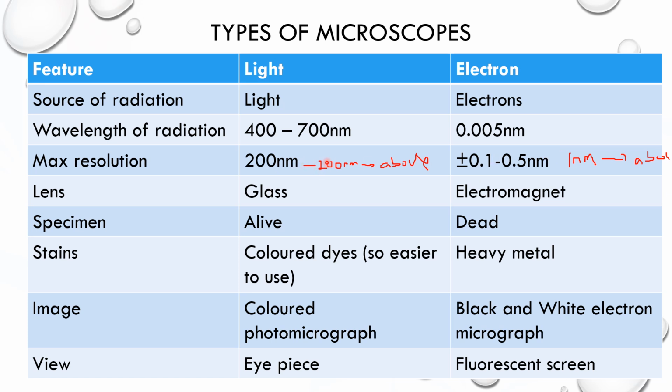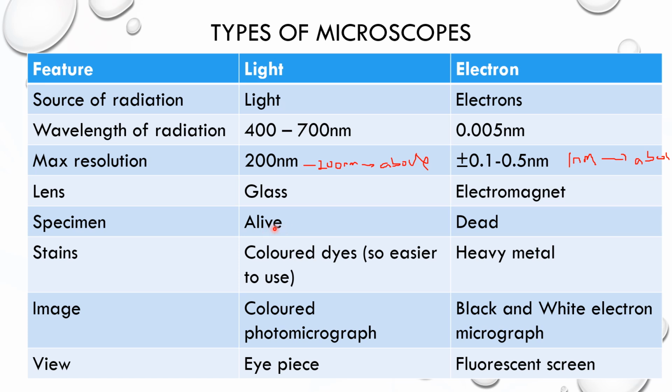Their lenses are glass for light, and electromagnets for electron. Now you see the advantage of the electron microscope is that it has high resolution. You can see a lot. The light microscope has low resolution, so that is not its advantage. Its advantage is that it can be used to see live specimens.